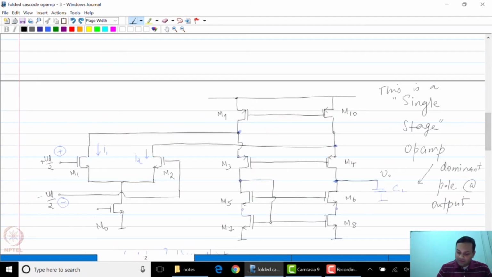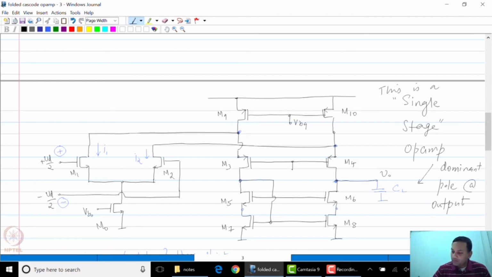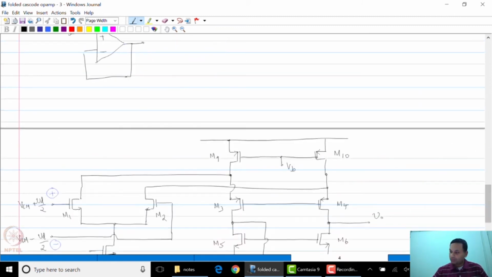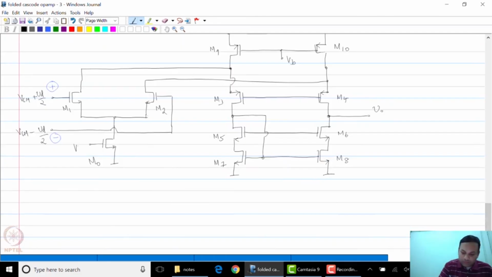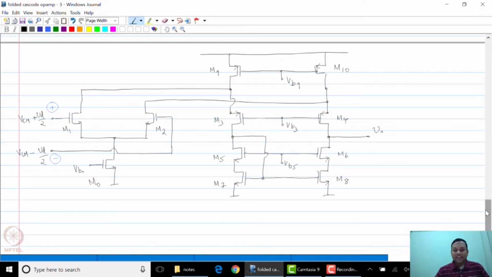So for completeness sake, let me make sure that the voltages are added here also. So now we are in a position to study the input and output common mode ranges of the folded cascode op-amp.